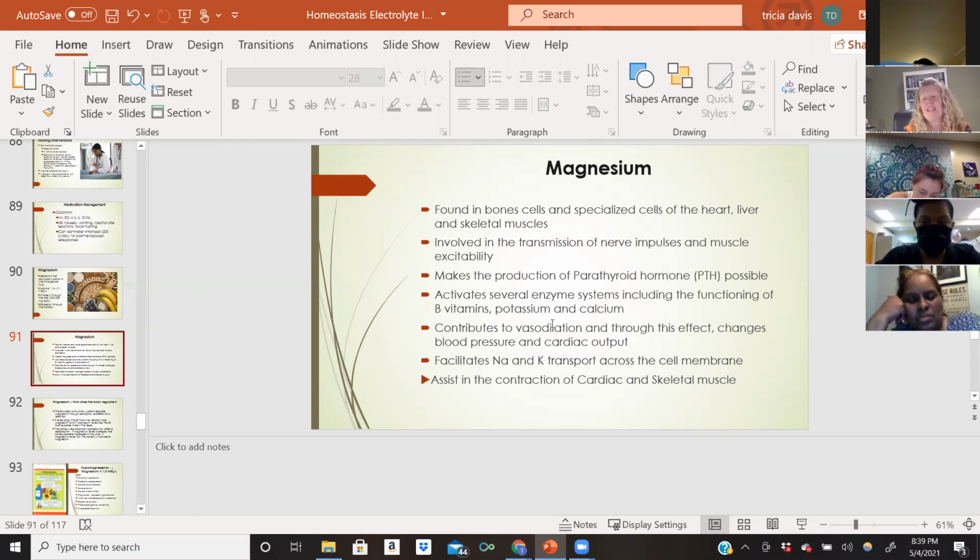If we change our vasodilation, right, if we make our vasculature wider, more blood can get through, our blood pressure is going to increase, and so will our cardiac output because we're getting more blood in. It facilitates sodium and potassium transport across that cell membrane, and it also helps to assist in the contraction of cardiac and skeletal muscles.